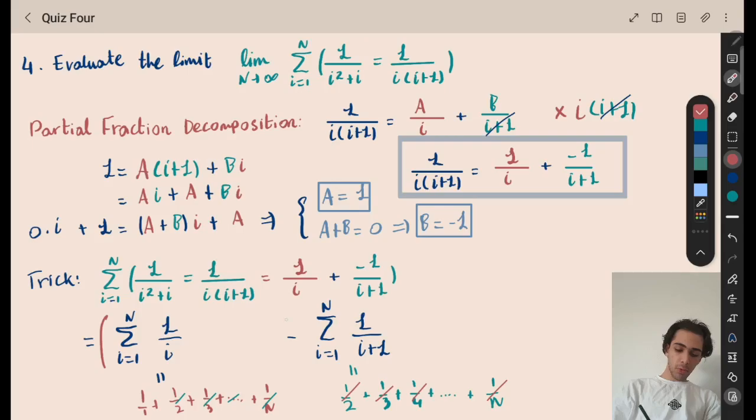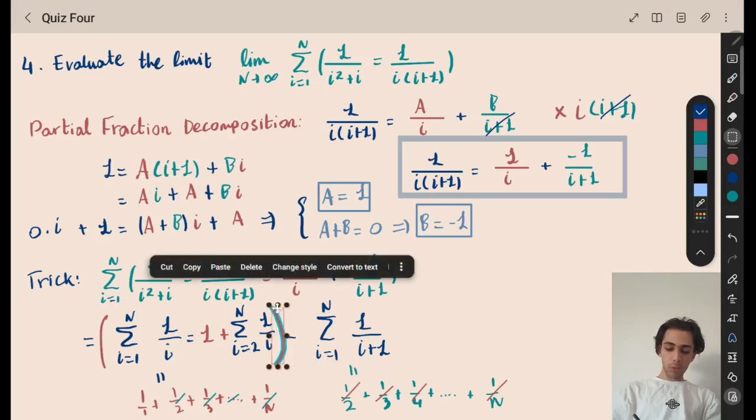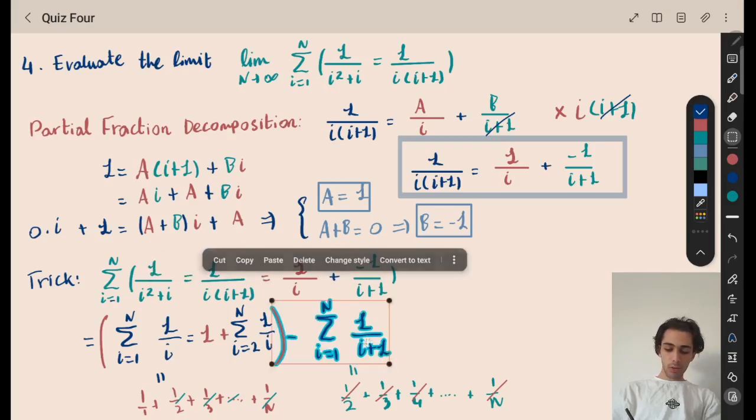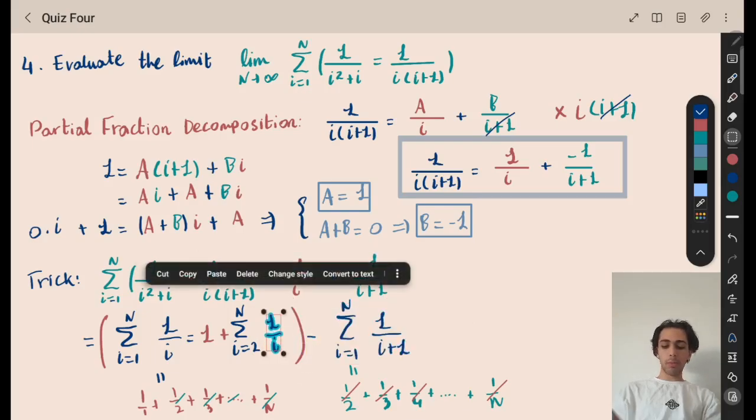This is a sum from 1 to n of 1 over i. I will just expand the first term, so I'll plug in 1, and I'll start from i equal to 2 of 1 over i. There's no problem with that, right? It gives you the same expression. I just expanded the very first term.